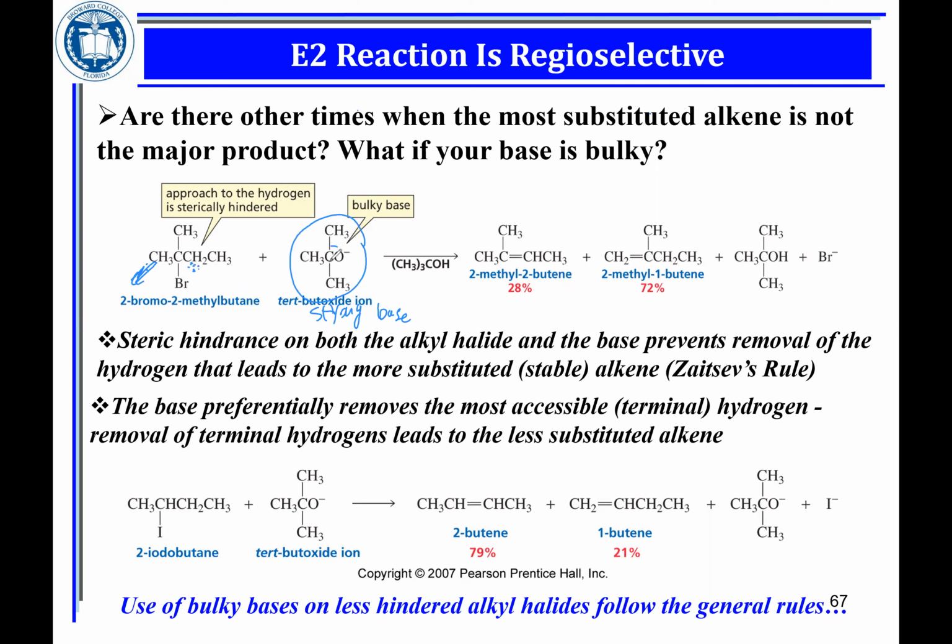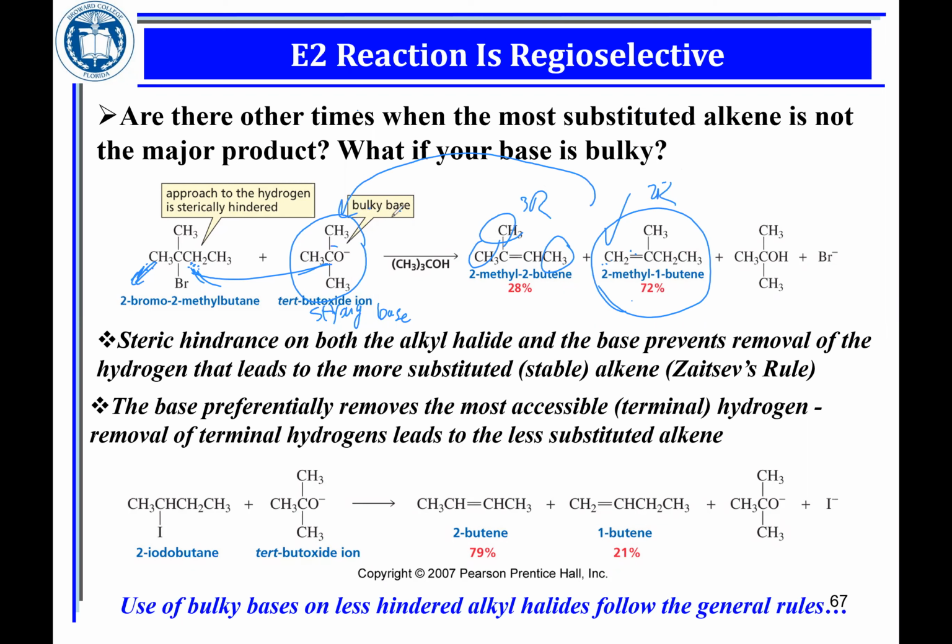So it's not going to go here. Instead, it would look for the most accessible hydrogen. When it's looking for the most accessible hydrogen, it's going to get you an alkene that is not highly substituted. So even though here we have a 3R versus the 2R, the 2R in this case was the major product, and that has to do with the bulkiness of the base.